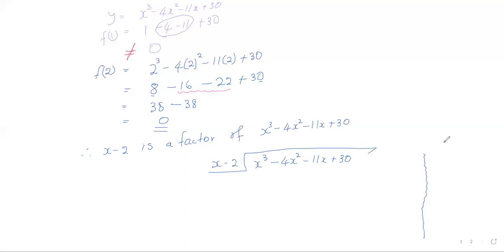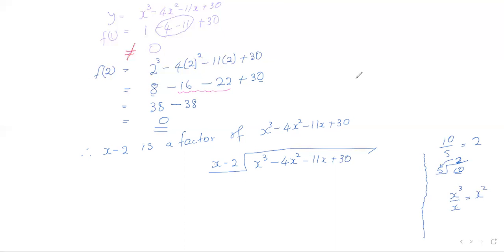If you have 10, you divide by 5, you get a 2. If you multiply this 2 here, you get that one. So you say x into x cubed. This is x squared.